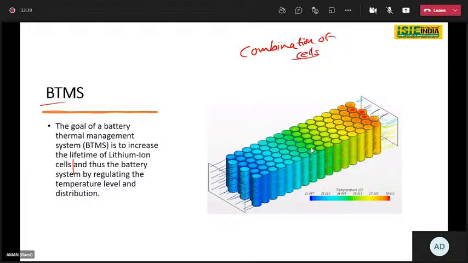Here you can see the number of cells present, almost 40 to 50 cells. What exactly is happening here? Electricity is generated by the flow of electrons, and there is chemistry in the cell. Charge and discharge processes happen continuously, and during this flow of ions and operation, some amount of heat is generated.